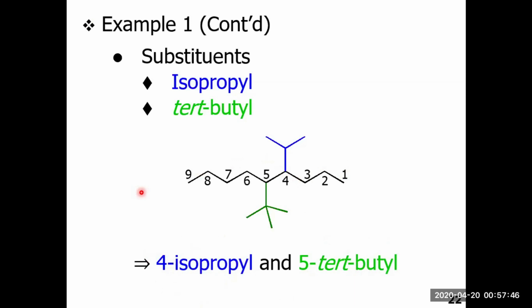When you list the substituents, make sure they are listed in alphabetical precedence. The common error of students is to arrange them according to the numbers. No, you should arrange the substituents according to alphabetical precedence.